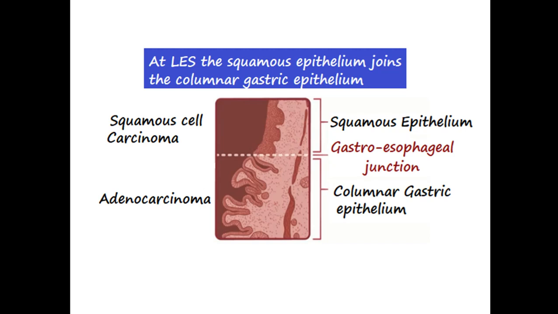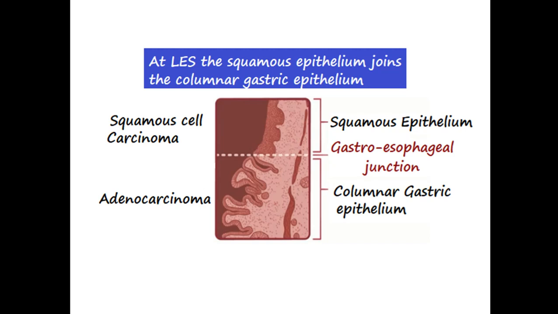Now, the esophagus is lined by squamous epithelium as far as the gastroesophageal junction, where the lower esophageal sphincter is located. At this point, the squamous epithelium joins the columnar gastric epithelium, and this point is known as the gastroesophageal junction.